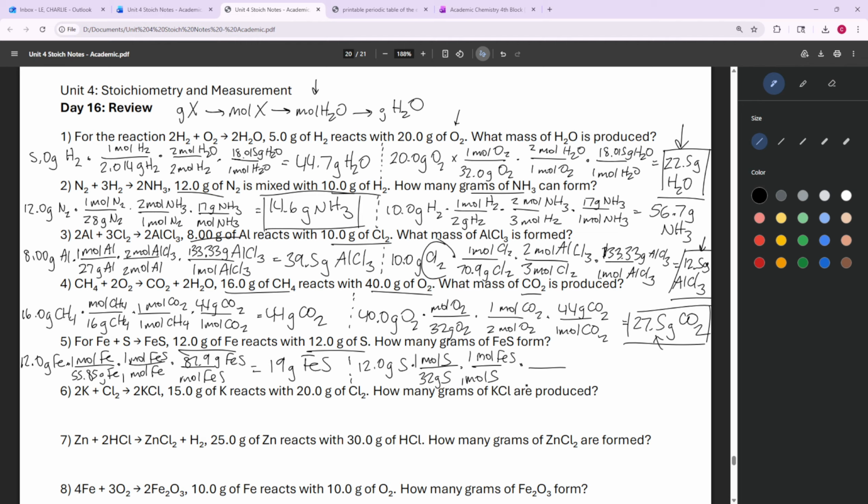And then for every mole of iron sulfide, we have 87.9 grams iron sulfide. So 12 divided by 32 times 87.9 gets us roughly 33 grams of iron sulfide. So it looks like in this case, iron limits, and we can only make 19 grams of iron sulfide.